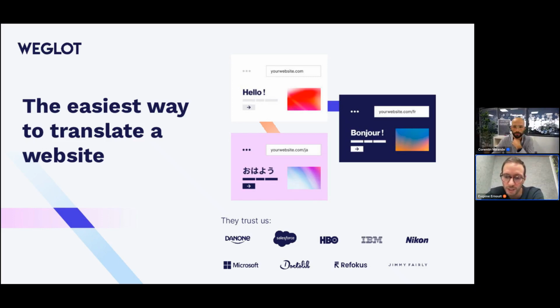Basically, what we do is we scrape the content of your website, and we generate a translated version of that website, and then we give you access to a dashboard where you can manage your translation yourself with your translators, outside or internal, and with your in-house team if you have people that manage translation in-house.